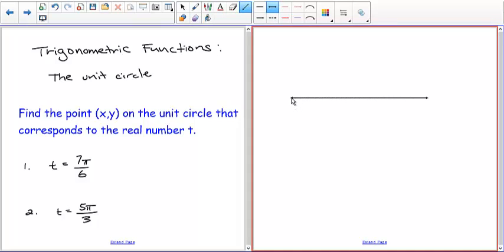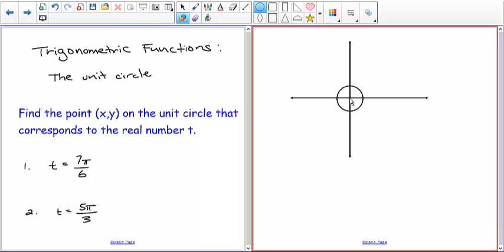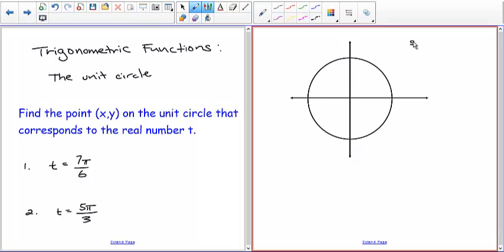So, you know, the first thing to do is to draw a circle, which has a radius of 1. And what it turns out is that the sine of the angle theta, or in this case t, is equal to the y-coordinate, and the cosine of the angle theta, or t, is equal to the x-coordinate.